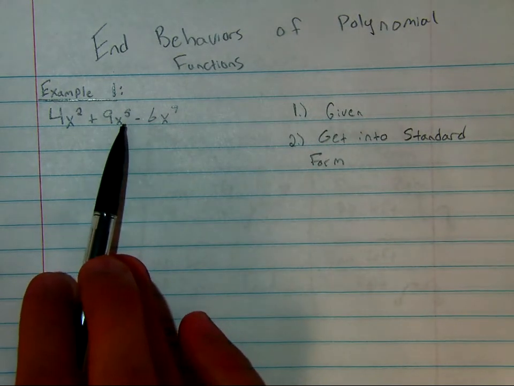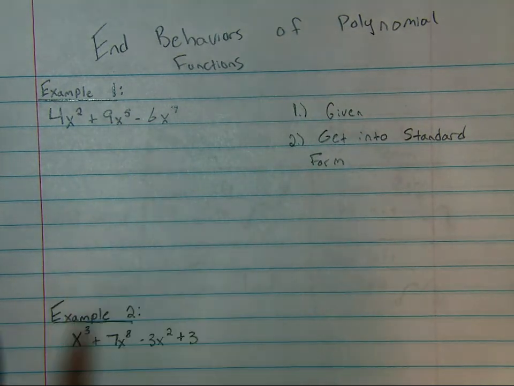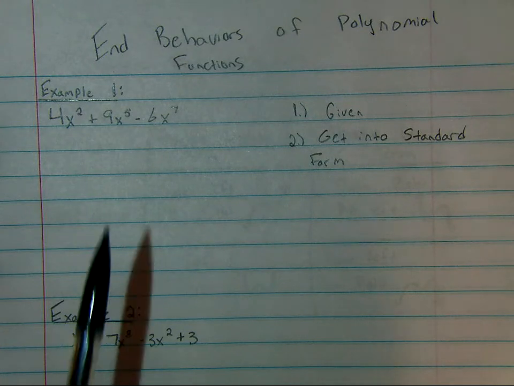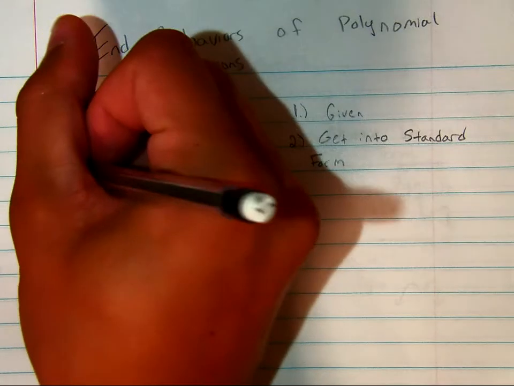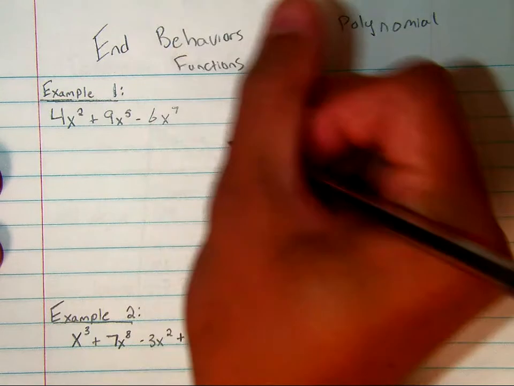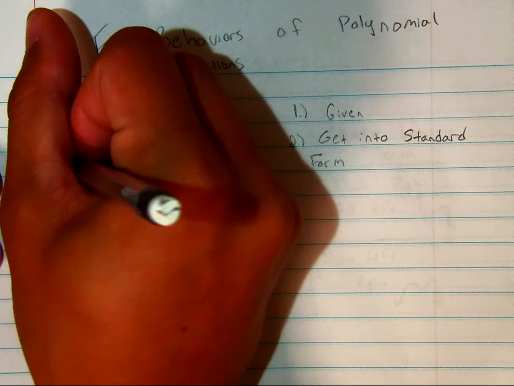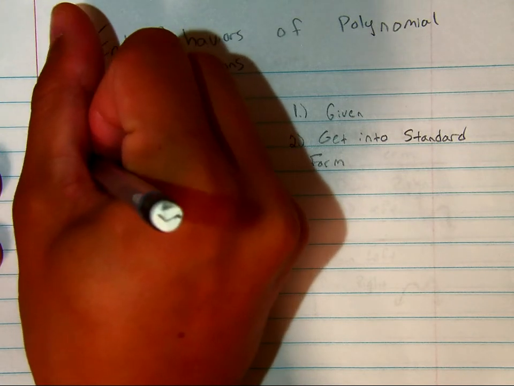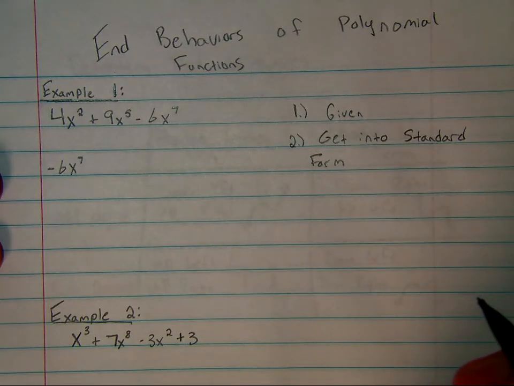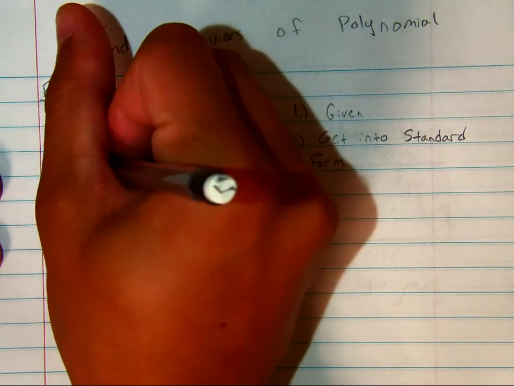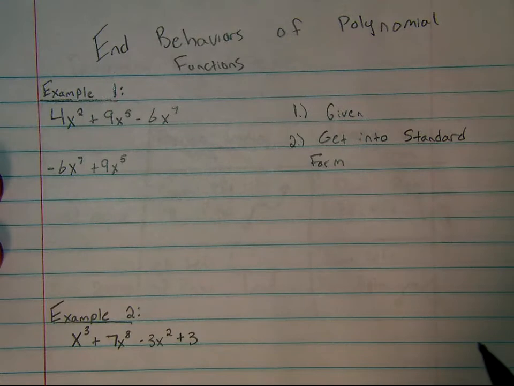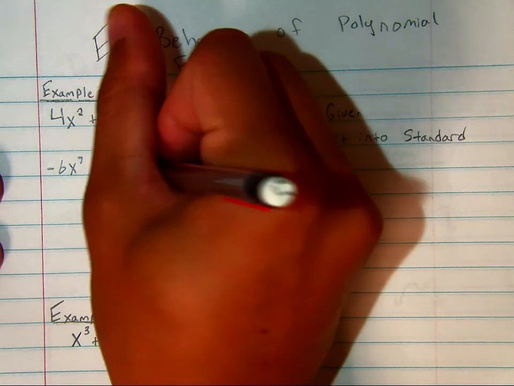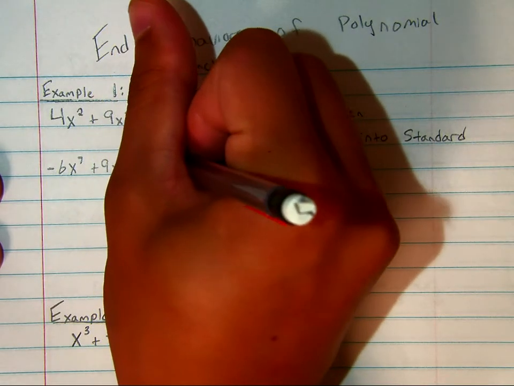Here our largest degree is 7, and we want to go to our smallest degree, which is 2. So when I put it in standard form, negative 6x to the 7th goes first, then positive 9x to the 5th, and last 4x squared.